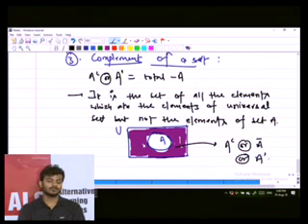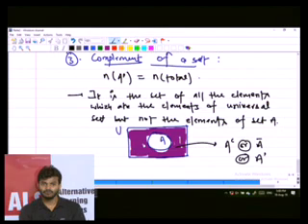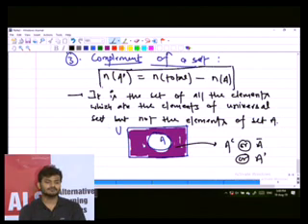All right. What is the formula for this? The formula is: n of A bar would be n of the total, the cardinal number of the universal set, minus n of set A. We will list down all the formulas we are covering, don't worry.